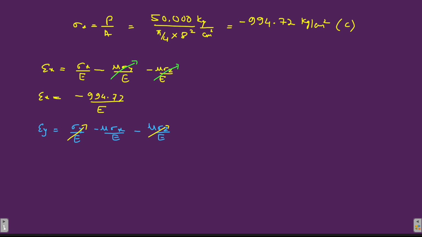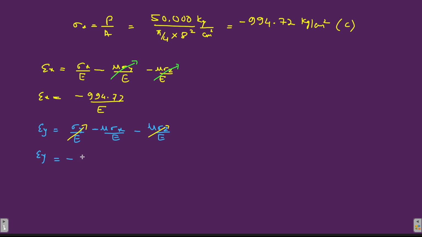But here just remember that we have already put a minus sign over here. We put a minus sign when we take sigma x as tensile. This is the formula when we take all the stresses as tensile. But here we have sigma x as compressive, so we have to put a negative sign twice.